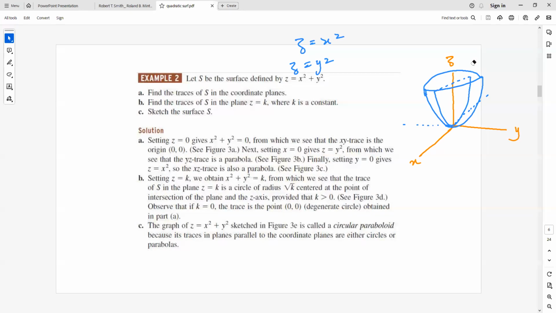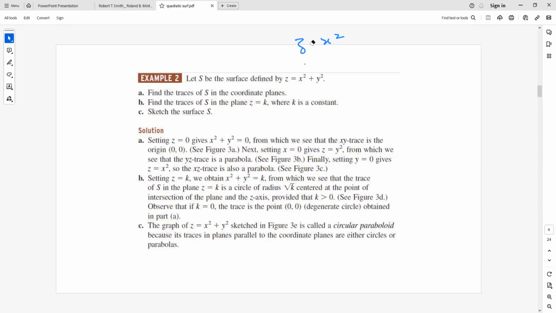And we can just, oh, this we have to draw it again. Okay, so this is the z-axis, y-axis, and x-axis.